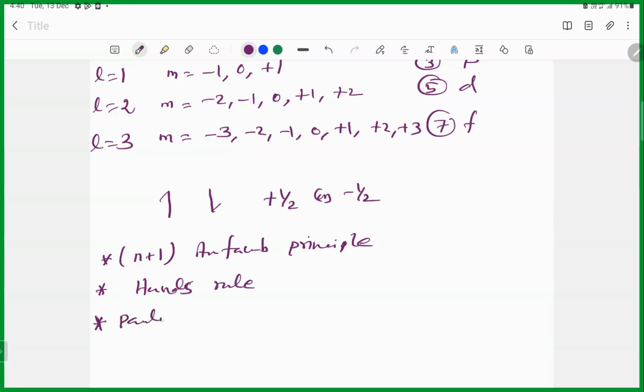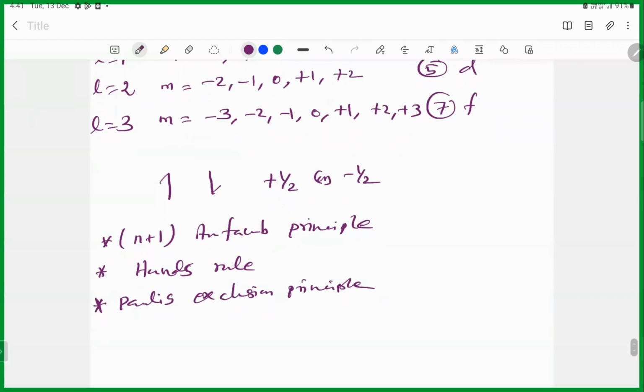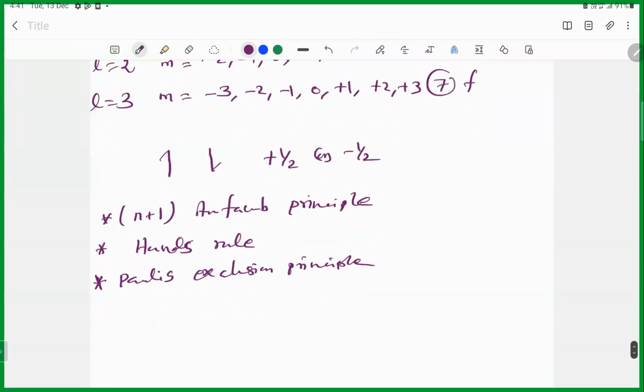Pauli's exclusion principle. So when you are filling the electron in the orbital, you have to follow this rule. n plus l rule is nothing but based on the energy only you have to fill the orbital.